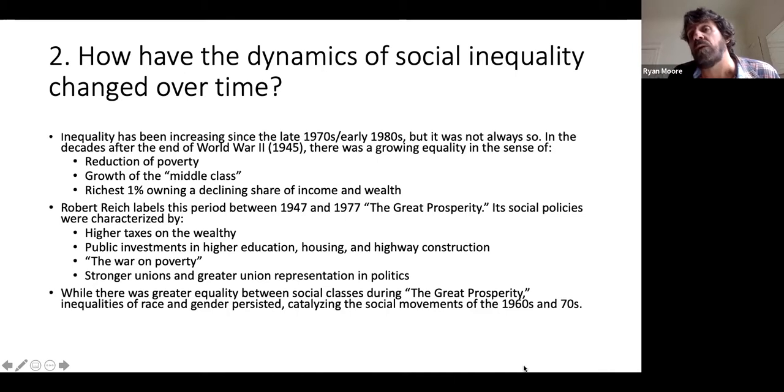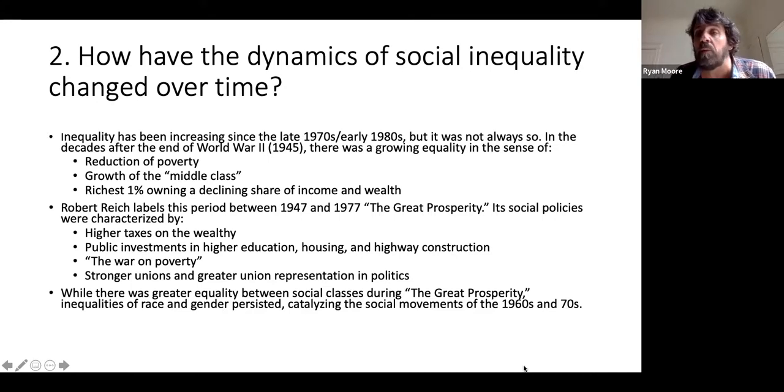That allowed workers to take home higher pay, to have more job security, that allowed them to live a higher standard of living. But it also meant that unions had more representation in politics. The unions were much more influential, especially with the Democratic Party.